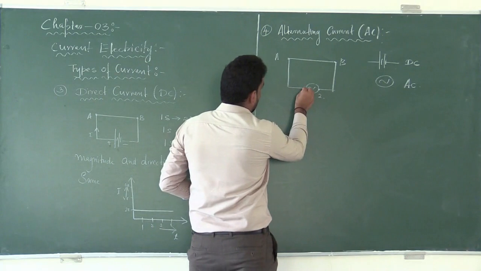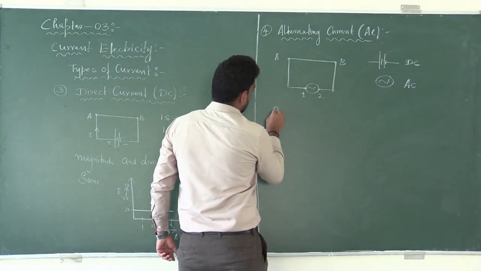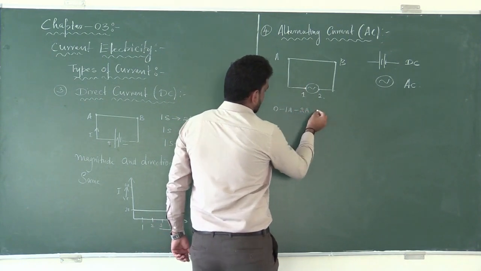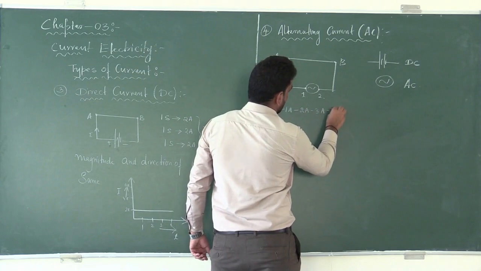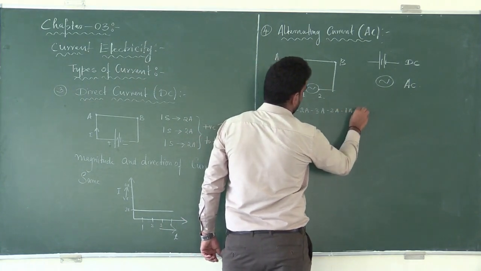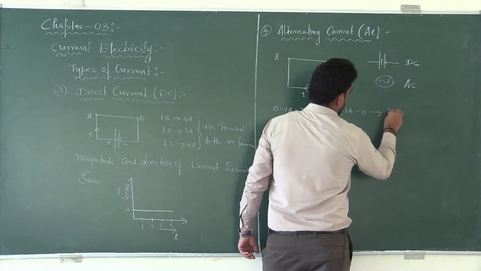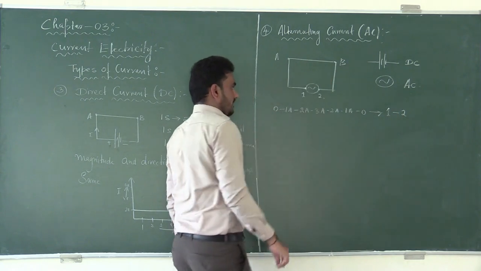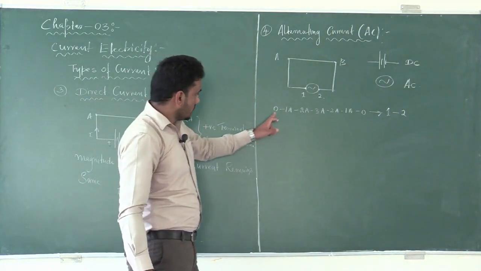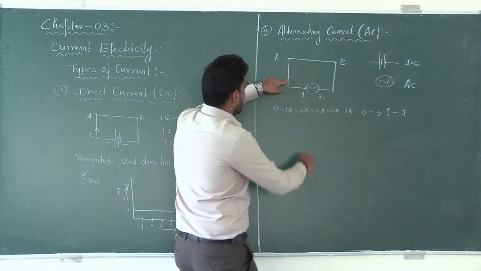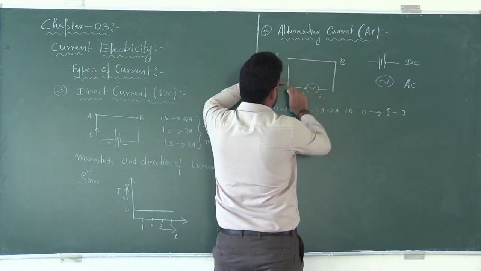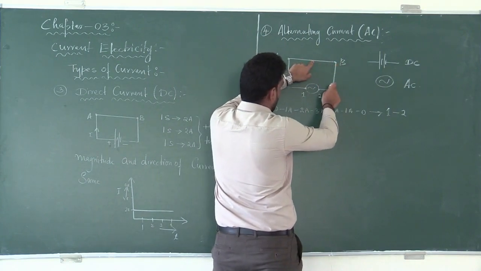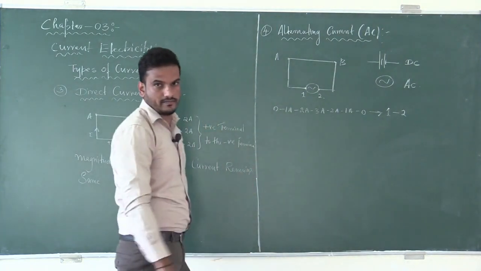Then how does the current flow? Initially it starts at 0, then 1 amp, then 2 amps, then 3 amps, then again 2 amps, then 1 amp, then again 0, during the first half of the cycle.